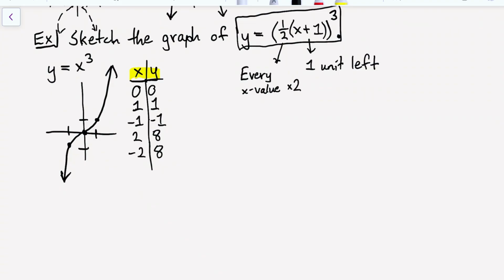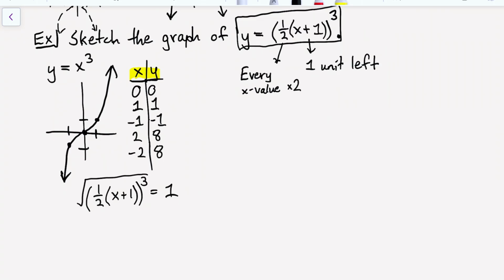So I could set up an equation here, right? I could say (1/2 of x plus 1) cubed equals 1. I'm wanting to know what x value in this new function gives an output of 1. Well, think about how you would solve this equation for x. You would work from the outside in.